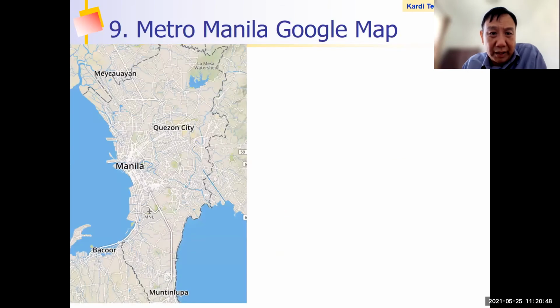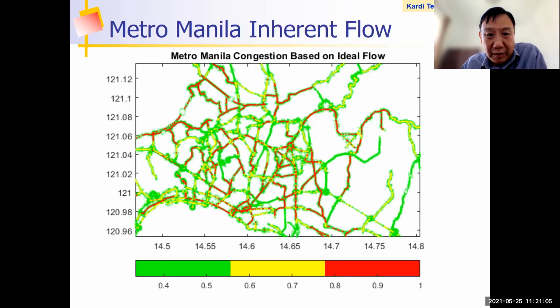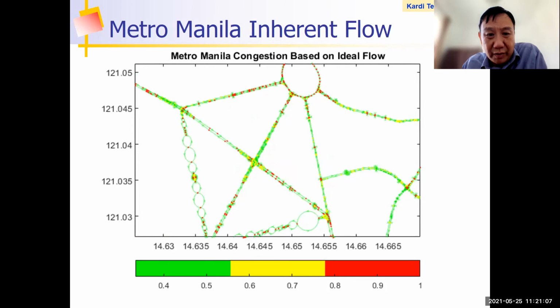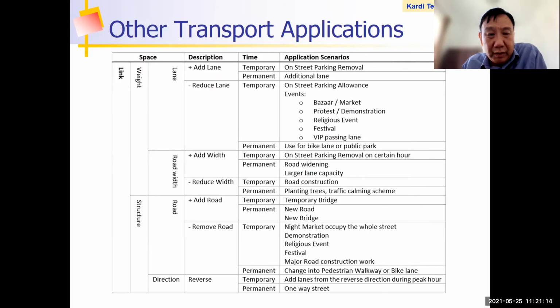So this is the example again of the whole Metro Manila. From Google Maps, we can also get the flow and the congestion for the entire city. You can zoom in, and then you can see where the possible congestion problems are. For transport applications, for example, what will happen if you reduce the parking?